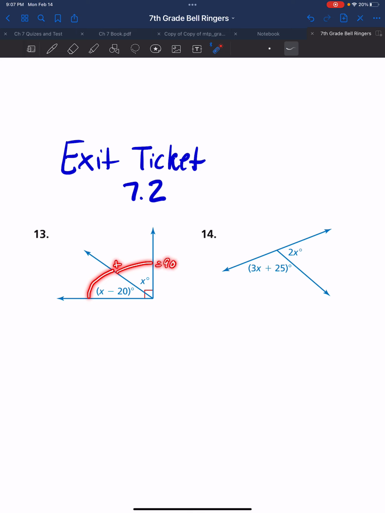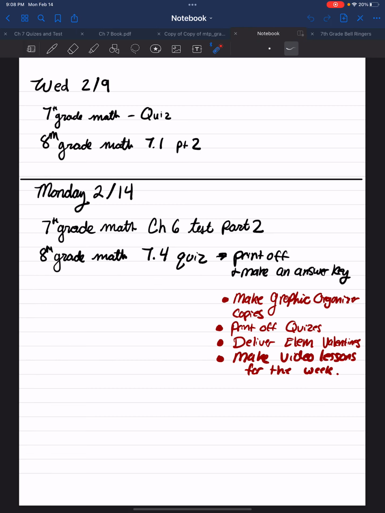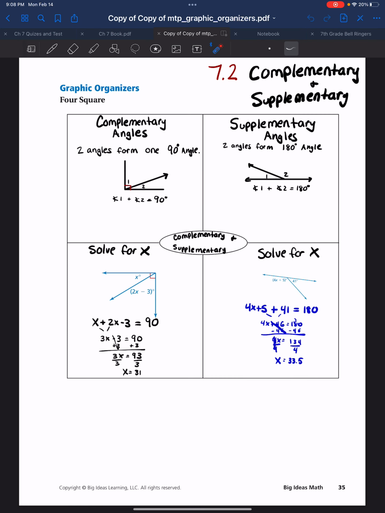Then solve for x. This one would be 3x plus 25 plus 2x form 180. And then just solve for x. But they're each worth 2 points, because I do want you to tell me if they're complementary or supplementary as well. All right, pause this, do that, but then also take a peek at your bell ringers for today.